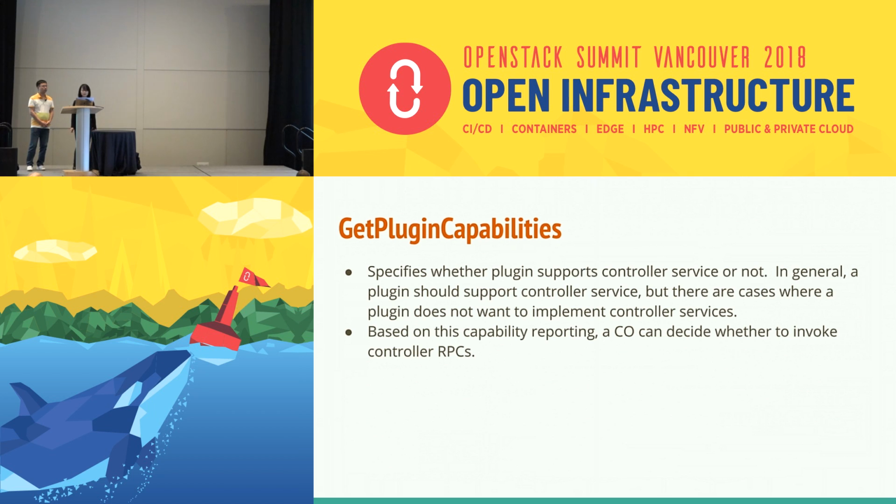And GetPluginCapabilities allows the CO to find out whether the plugin implements the controller RPCs or not. If not, it just won't invoke that. Usually, the plugin should implement both the controller and node capabilities, but in some cases, for example, the NFS CSI plugin, right now it only implements the node capabilities.